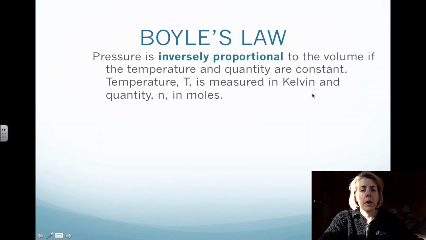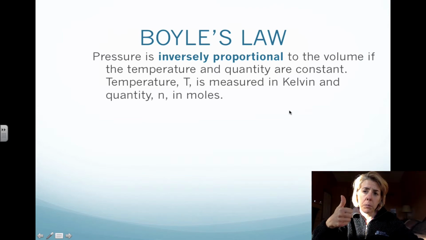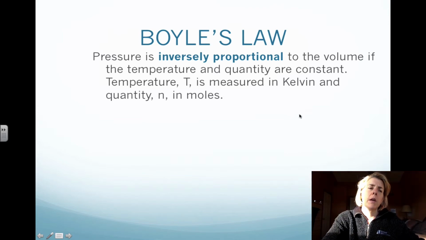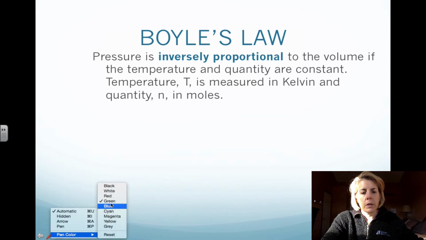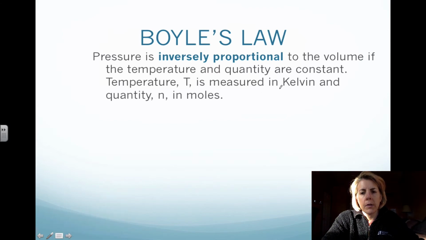So Boyle's law: pressure is inversely proportional to the volume. If you increase pressure, volume decreases. I'll show you some tricks to help you remember that. Please note that temperature is measured in Kelvin, so if you are ever given Celsius, you must convert it by adding 273. Also, n is in moles.